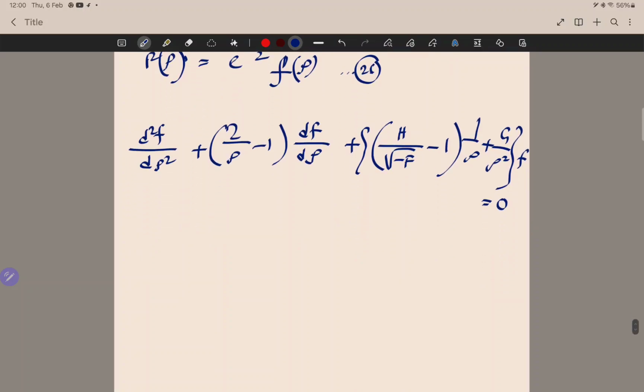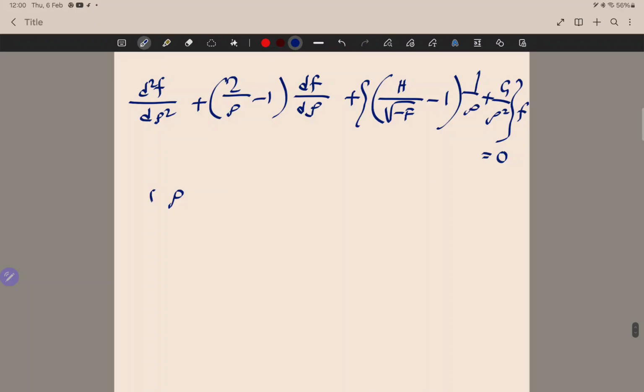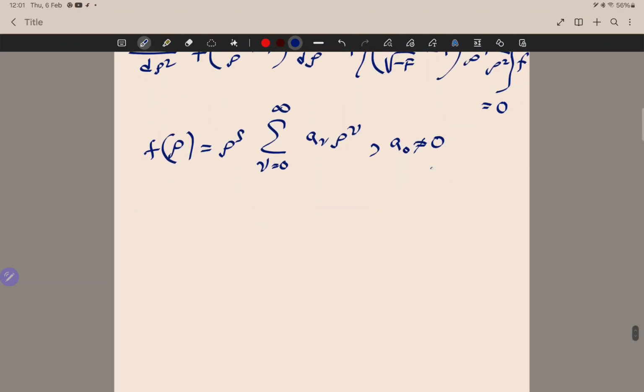We attempt a series solution of the form F(ρ) equal to ρ^s times the summation over ν equal to 0 to infinity of a_ν ρ^ν, with a_0 not equal to 0, where s is to be determined. This is equation number 28, and this is equation number 27.